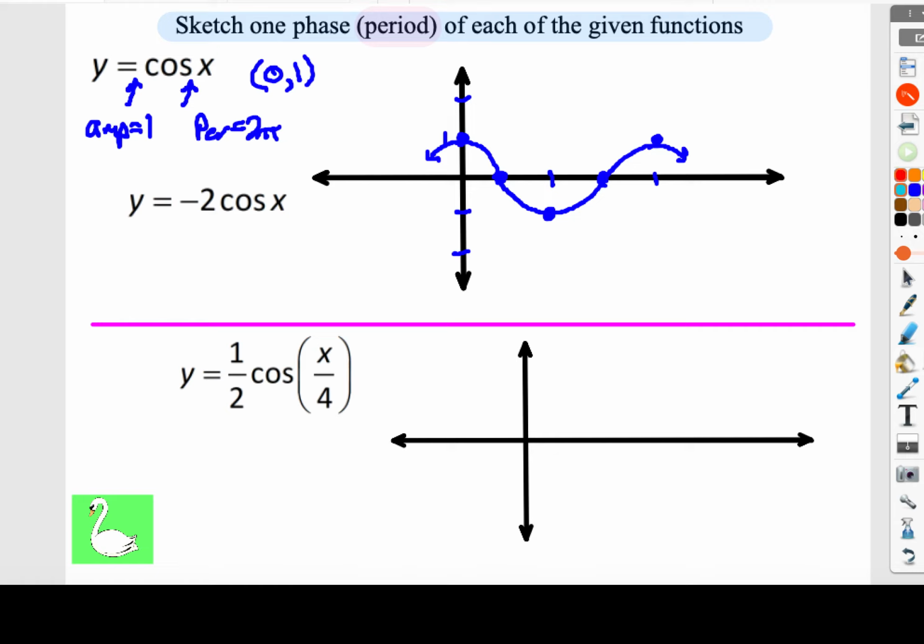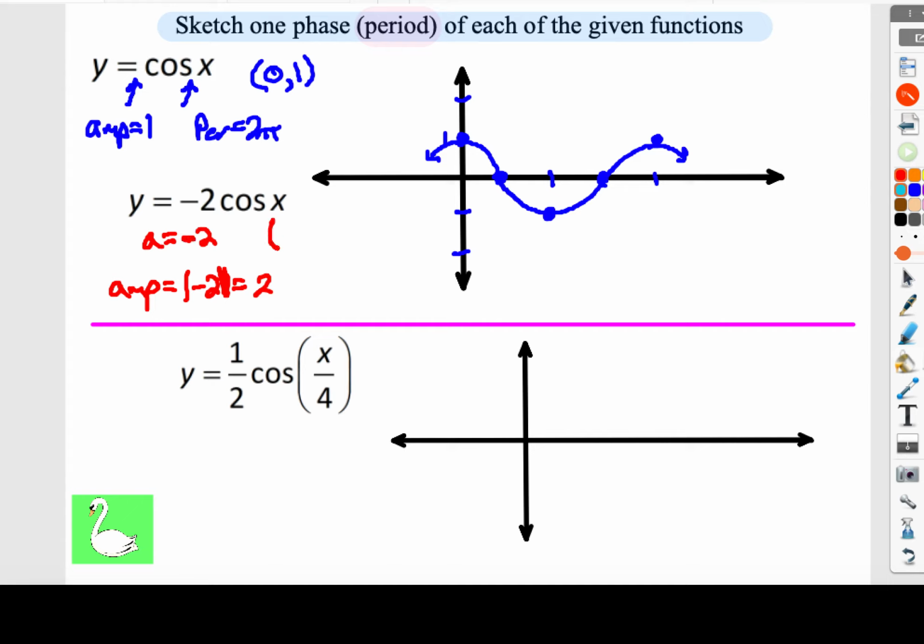Now notice in the next one, A is a -2. Well, that makes our amplitude equal to the absolute value of -2, or basically 2. So again, we're going to start 2 units high instead of 1 unit high. But because it was also a negative here, that's a vertical reflection.